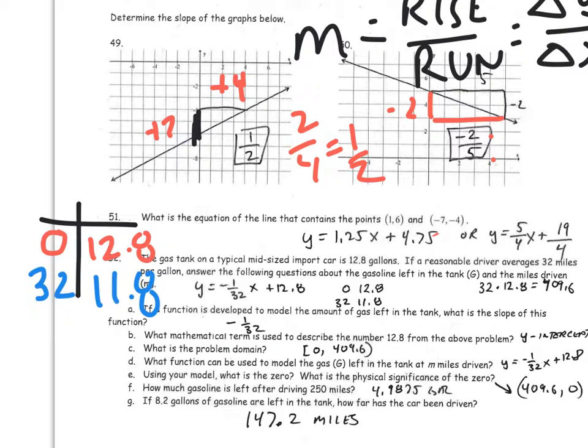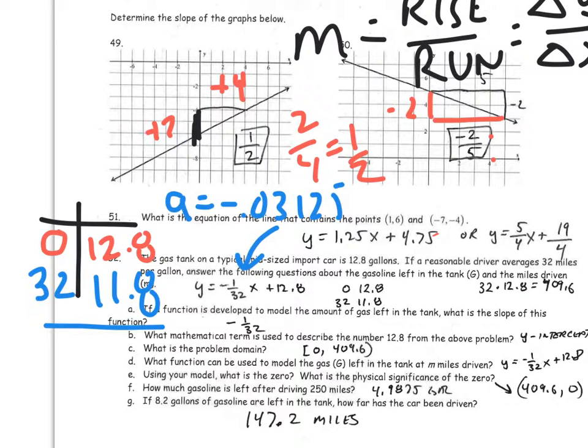You do that, stat calc, lin reg. You put this in your table, and you're going to get a, which is the slope, a negative 0.03125. If you convert that to a fraction that I like, it's a negative 1 over 32.